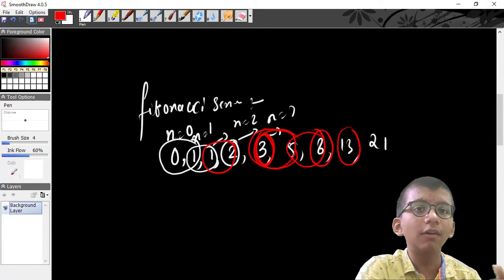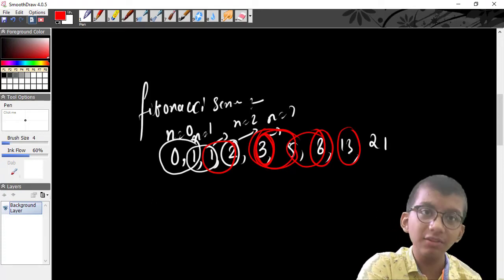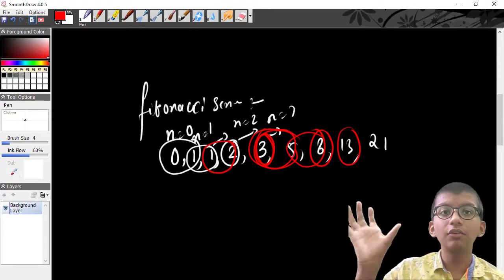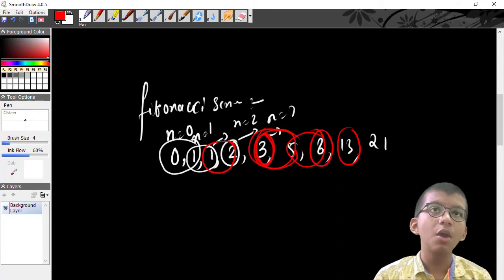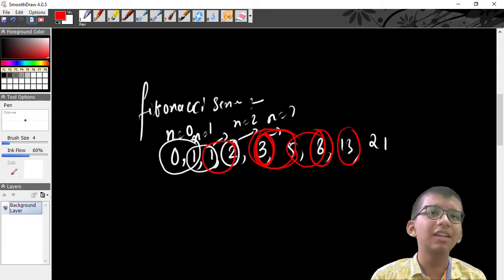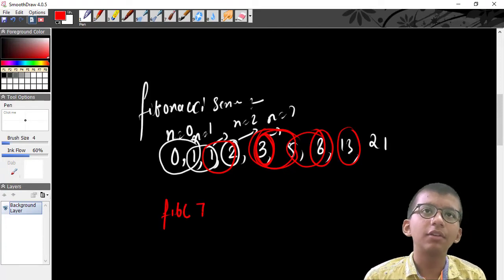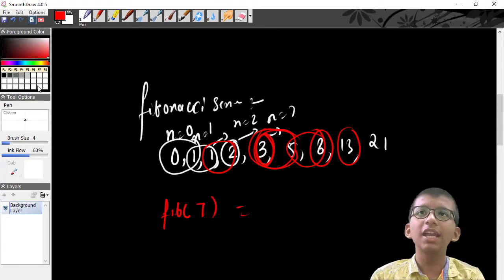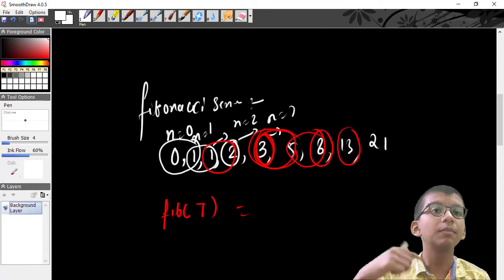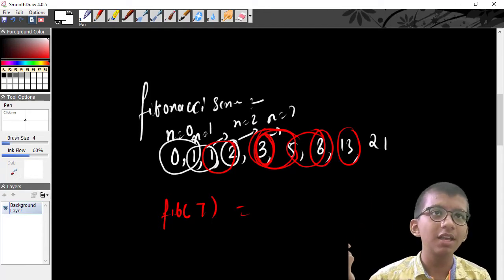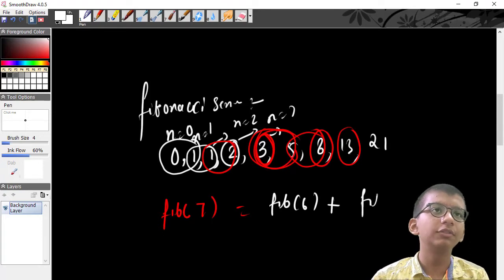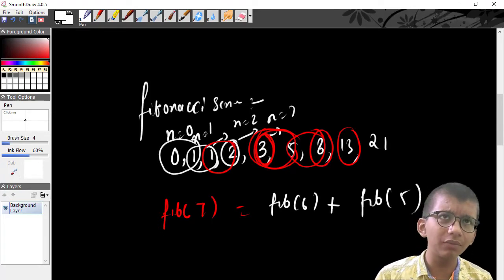For taking out the nth Fibonacci number, you have to take the sum of the previous two numbers. Let's say Fibonacci of 7. How do we take it out? We have to take two numbers: the first one is Fibonacci of 6 plus Fibonacci of 5. So how can we relate this?